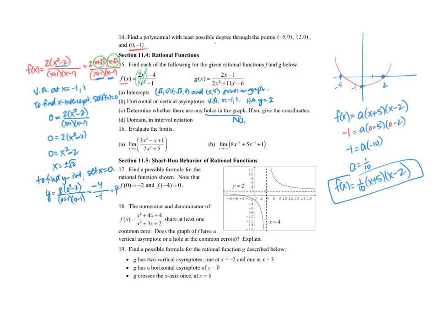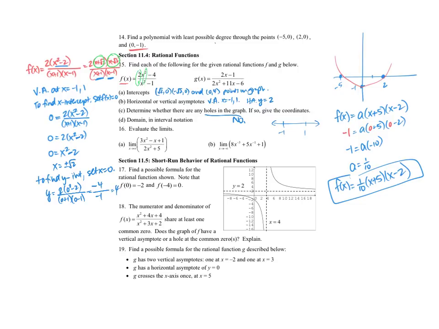I don't have any of the same factors on the top and bottom. And then the domain is going to be everywhere that it's defined. So it's going to be defined for everywhere except where the bottom is 0. So we're basically just taking everything and we're going to throw out negative 1 and 1.